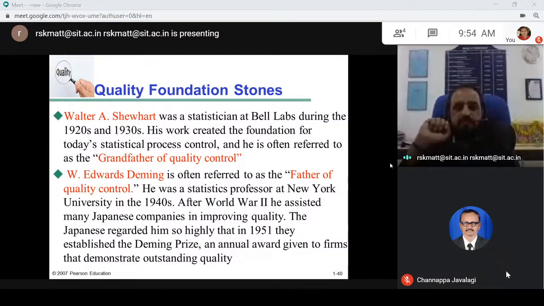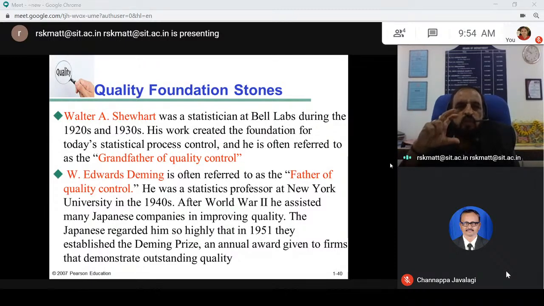And Edward Deming is called the father of quality control. He was also a statistics professor at New York University in the 1940s. So Shewhart and Edward Deming are the quality gurus.